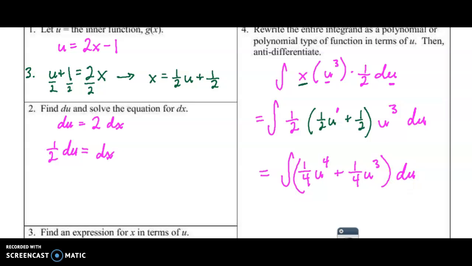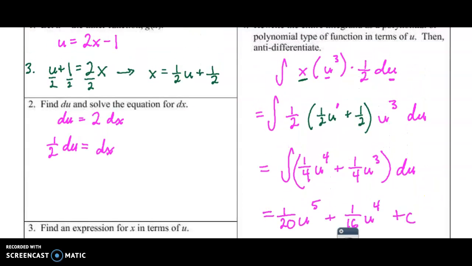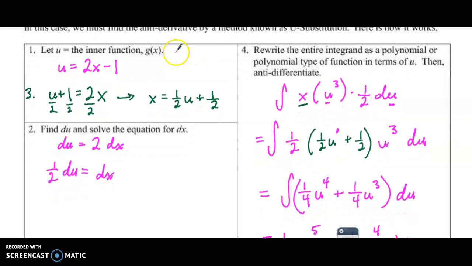And now we can integrate that, which is adding 1 to your exponent and multiplying by the reciprocal. 1/5 times 1/4 would be 1/20 u to the fifth. Plus u to the fourth multiplied by the reciprocal of 4. There's a 1/4, so 1/4 times 1/4 is 1/16. But just like before, if we started with x's, we need to end with x's.